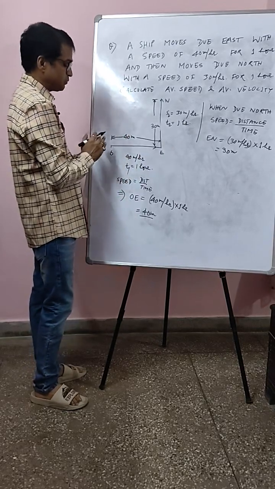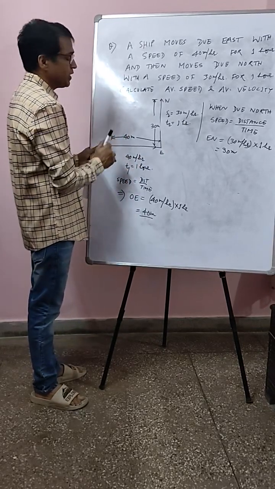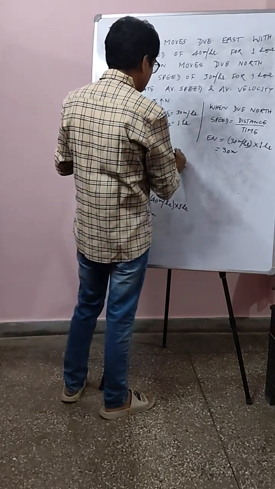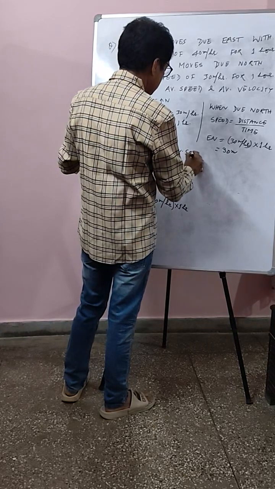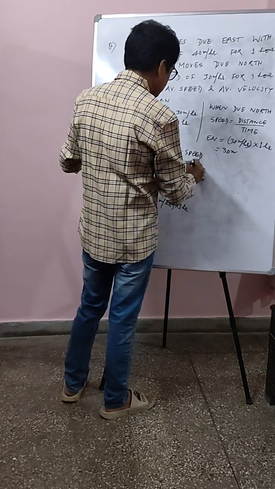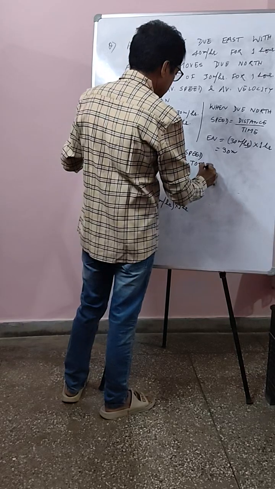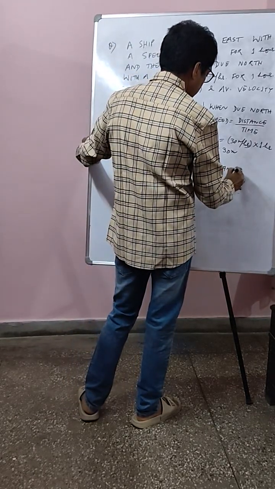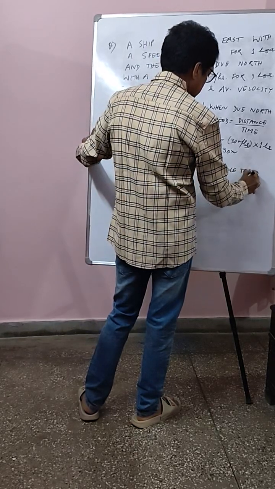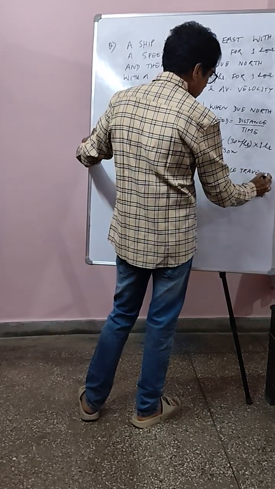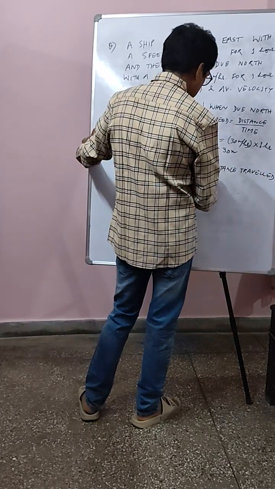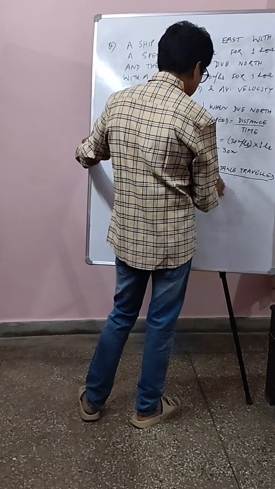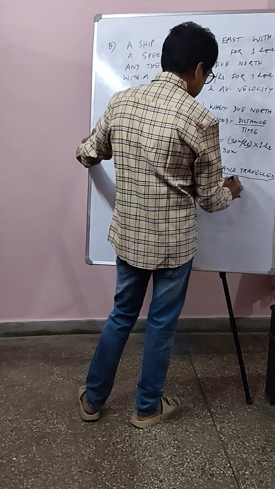When we have to find the average speed, we have to take into account the total distance traveled. Okay, average speed equals total distance traveled upon total time.